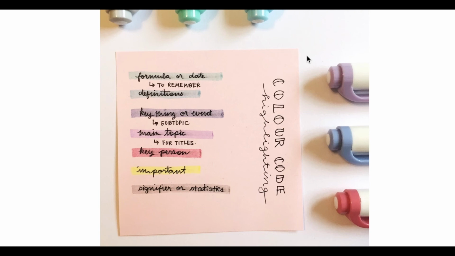You can use highlighters, for instance, and you can set rules on which colors to use. Some people will use stronger colors for key people and lighter for something important.